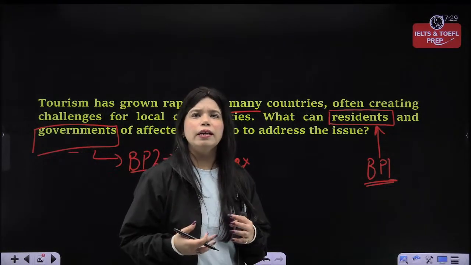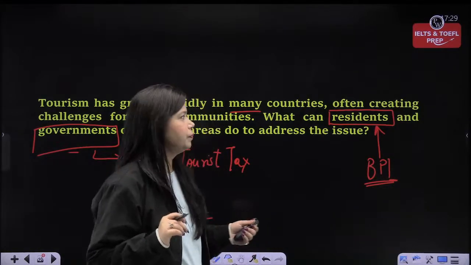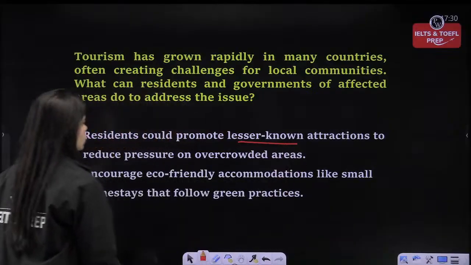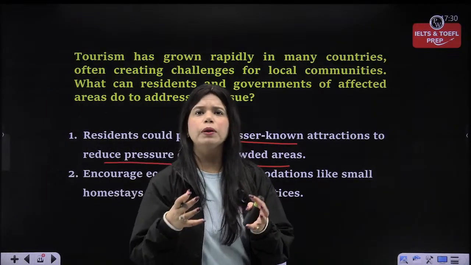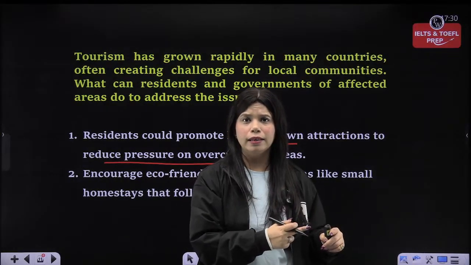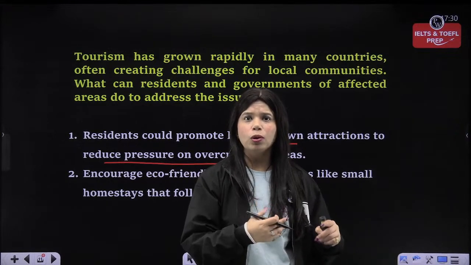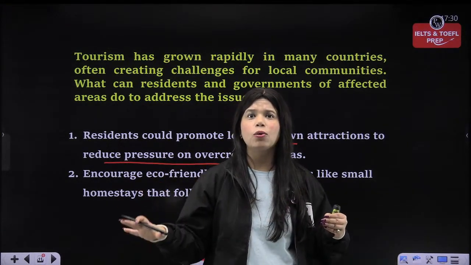But what do you think residents can do to solve this problem? Here you go. Residents could promote lesser known attractions to reduce pressure on overcrowded areas. So for example, local communities of Goa would know those secret places where a lot of tourists do not go, and they can promote those secret places so that pressure on other places in Goa reduce.